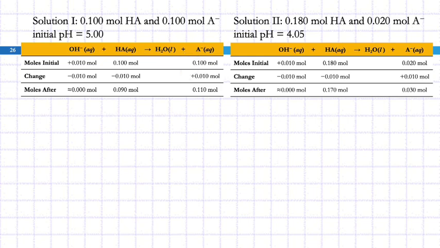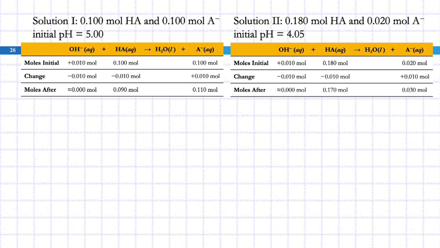So then we're going to look at what's happening in the change. Well, the smallest amount of moles will get used up. So this one subtracts and we get to 0. We subtract that same amount from this one and we add it to the other side of the arrow. And now we get our moles after.